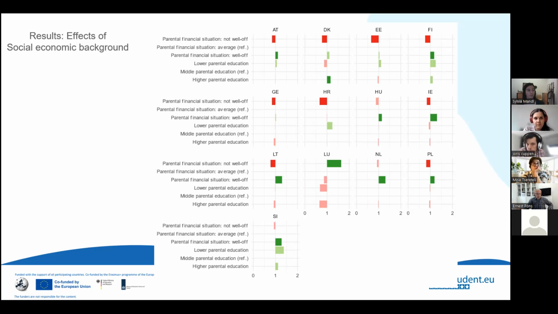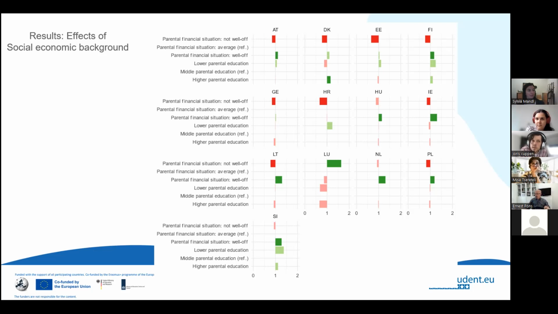For most countries, students with parents who are not well off, the lowest category, report less social integration. But for the parental education, as we saw for the main model, for most countries it doesn't matter, surprisingly, which also contradicts the Tinto model and all their predecessors.